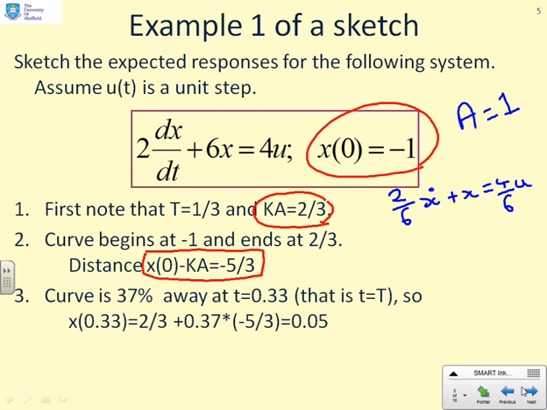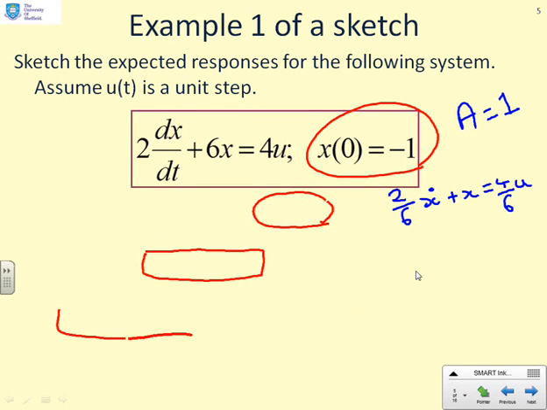Having done that, I can now say, okay, where will it be after capital T seconds? Now we noticed that it was 37% of the distance it was at time t equals 0, so I need to calculate 37% of minus 5 over 3 and add that to the steady state.